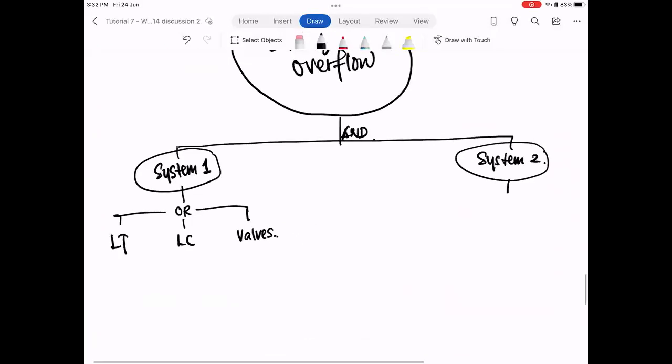We know that in system 2 we have an alarm, and also a high level shutdown system.